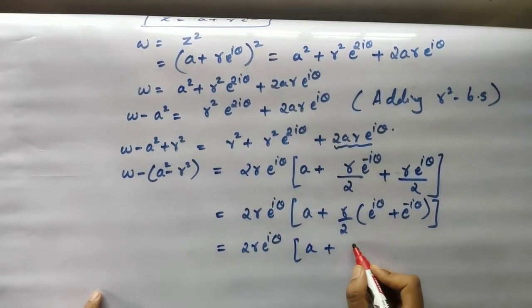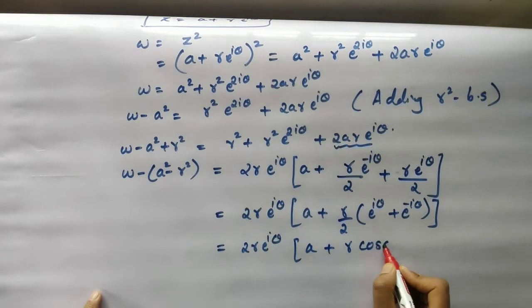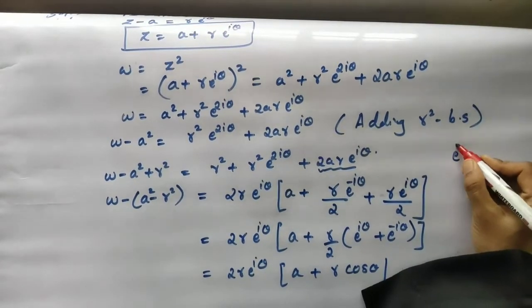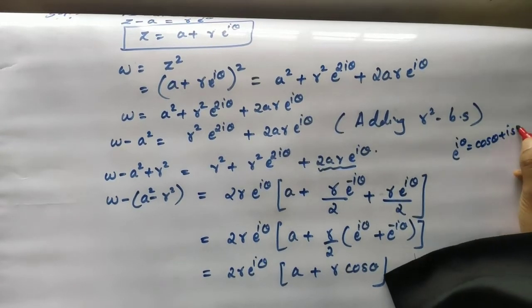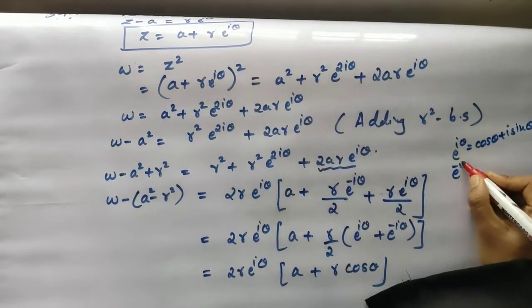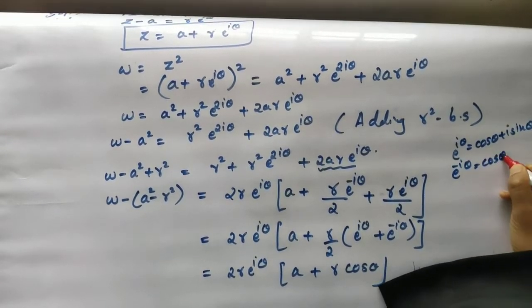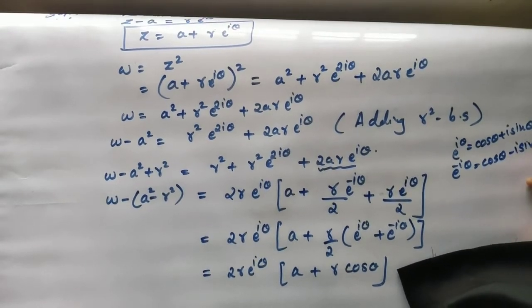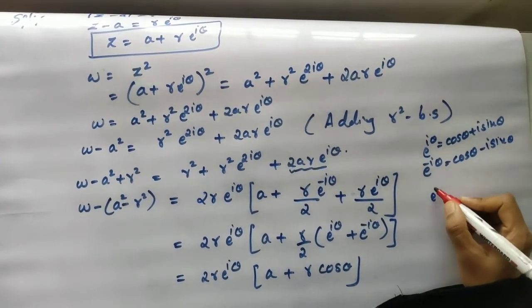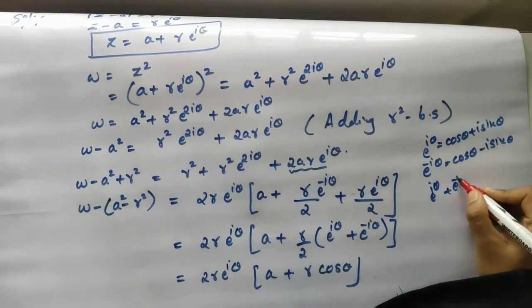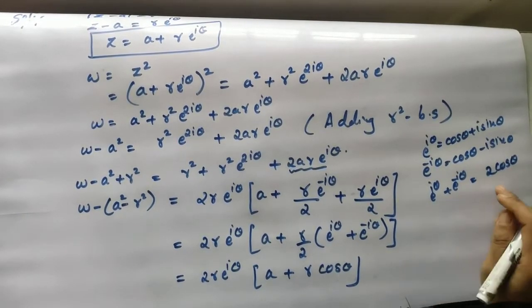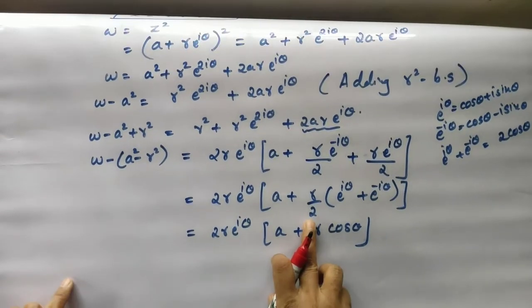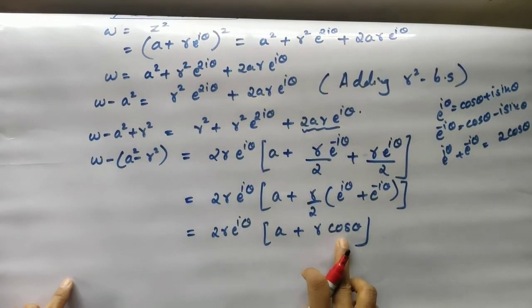Yes, it is nothing but r cos theta, because e to power i theta is cos theta plus i sin theta. What is e to power minus i theta? It is cos theta minus i sin theta, right? So add both. e to power i theta plus e to power minus i theta is nothing but 2 cos theta. If you divide by 2, the divide by 2 was already there, so I am substituting it directly as cos theta over here.